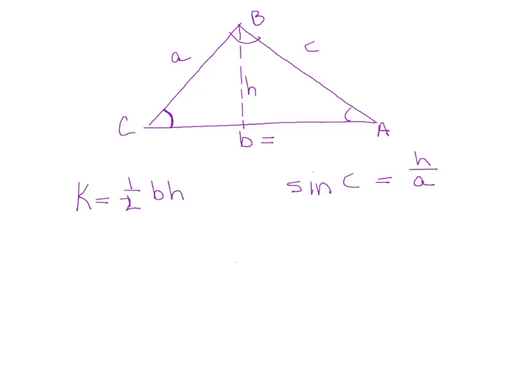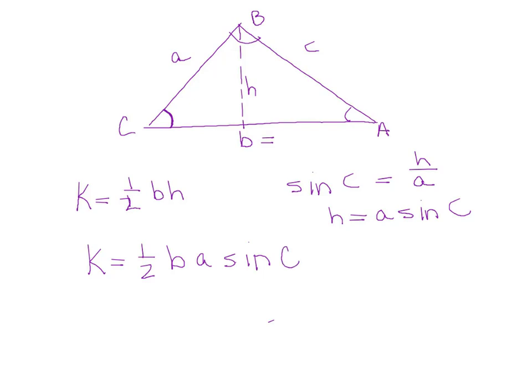The opposite over the hypotenuse, which means that H is equal to A sine C. So now I have my new formula: I'm already being given the base, and now I know that the height is A sine C.